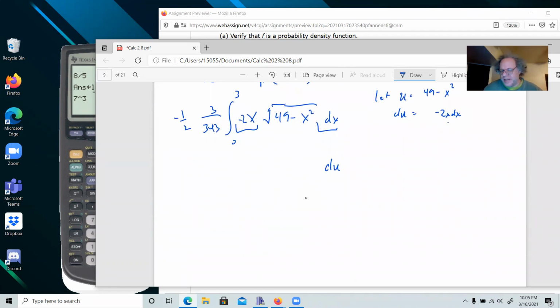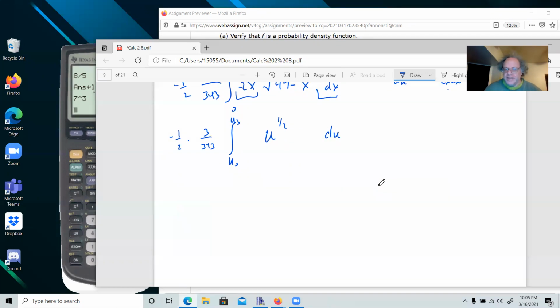I'm going to keep it in x space, so I'm just going to go u0, u3. And then we have u to the 1/2 power from this. I'm just going to leave this out in front here. It's not hurting anybody, so we'll just leave it there. Okay, integrate.